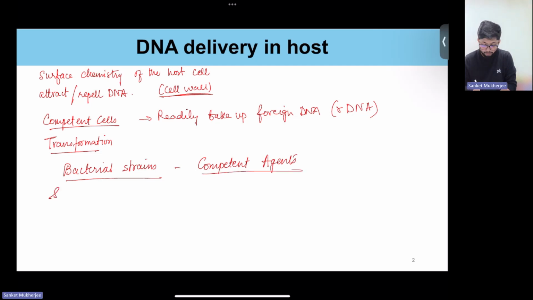So let's say Streptococcus pneumoniae can be made competent using mitomycin C, fluoroquinolone.